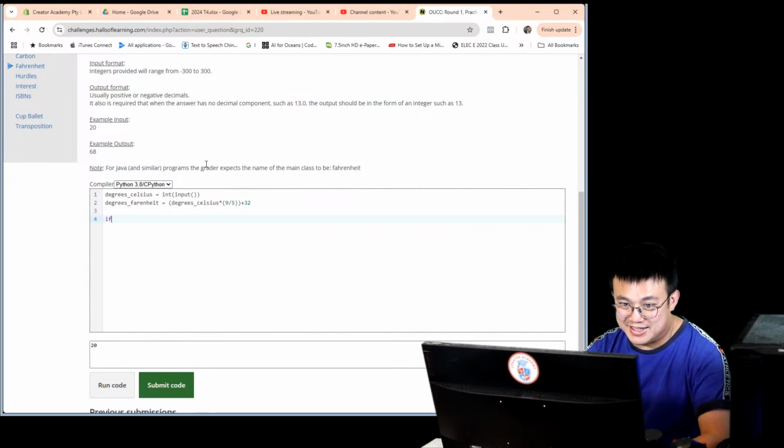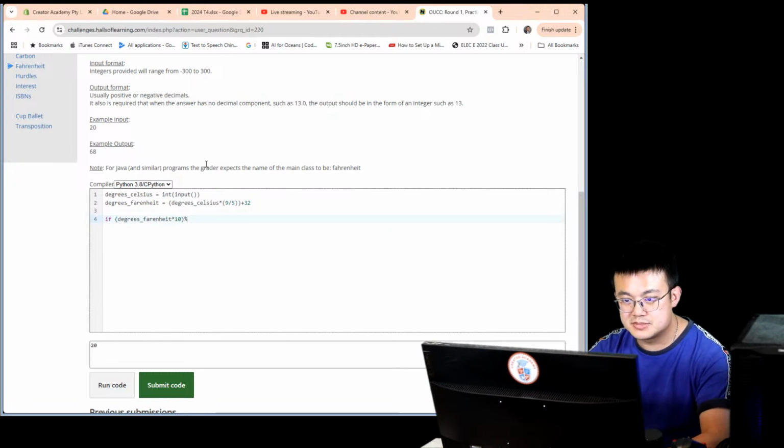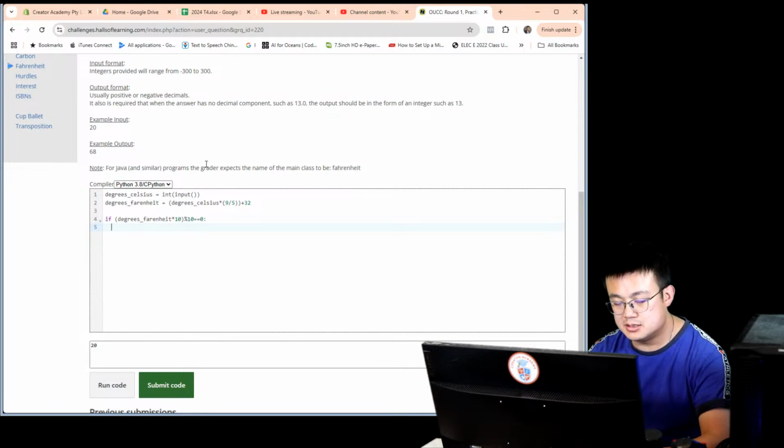If degrees Fahrenheit multiplied by 10 is divisible by 10, then that means it is a whole number.